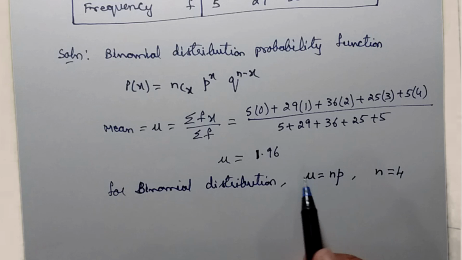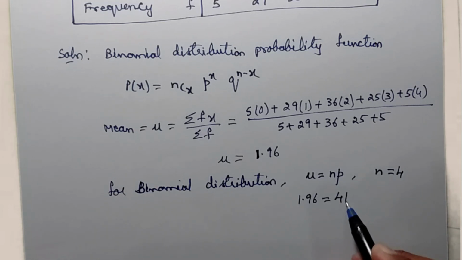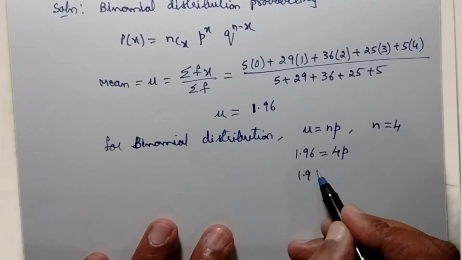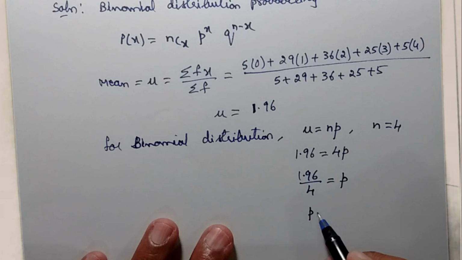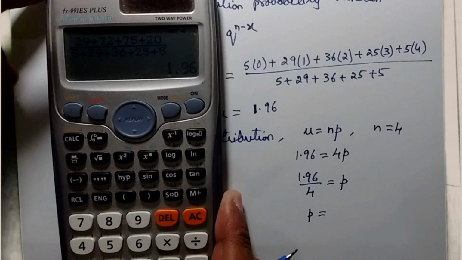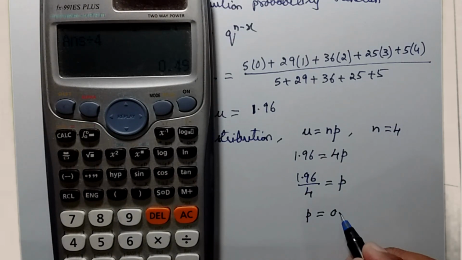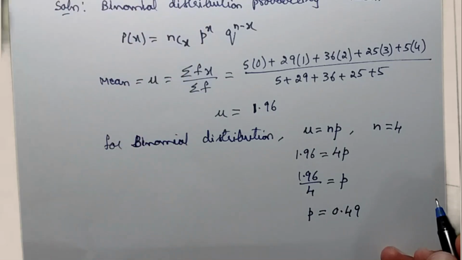So n is known and mu is known, so you can plug in the value of mean mu. 1.96 equals 4 times p. Now we can cross multiply, so 1.96 divided by 4 will be equal to p. Therefore, the value of p will be equal to, just use the calculator and divide 1.96 by 4. Check how much you're getting. Are you getting 0.49? So the value of p is 0.49.